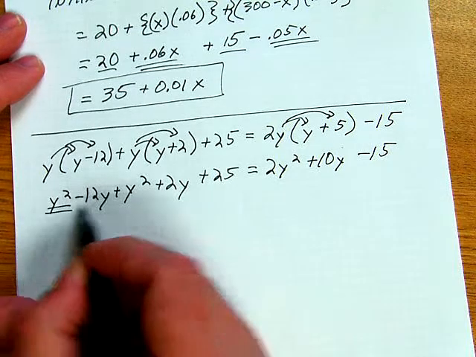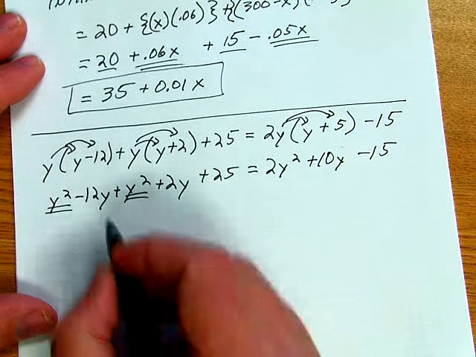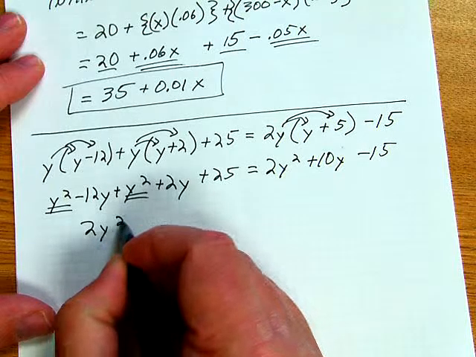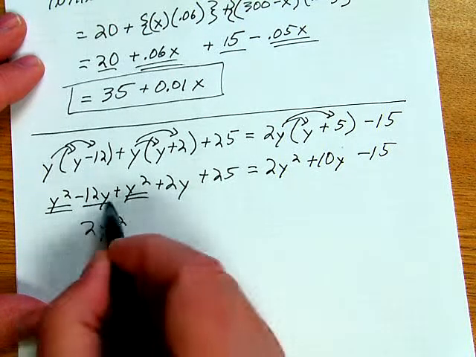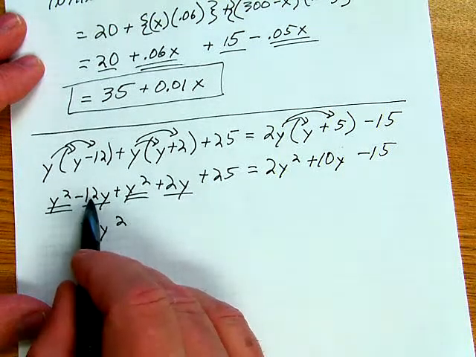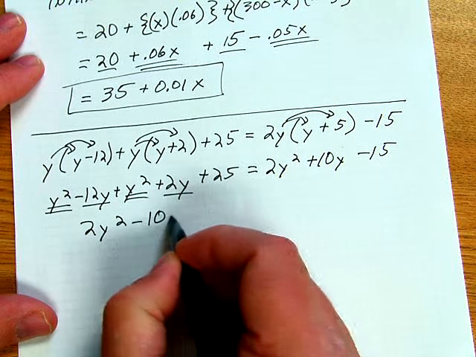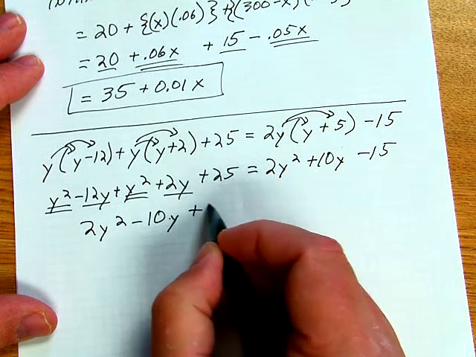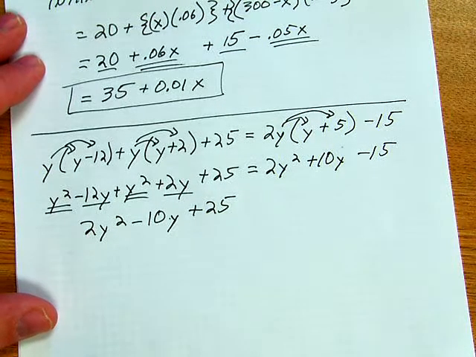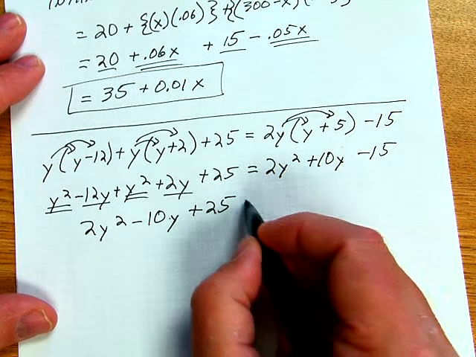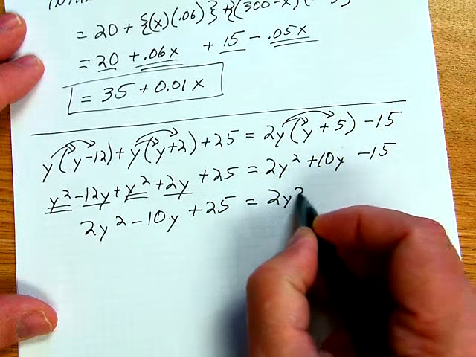I got y squared and y squared on this side, so I'm going to get 2y squared. I've got a y and a y, so minus 12 and plus 2 gives me minus 10y. And finally, I just have the 25 that I can bring down. On this side of the equation, there's nothing to combine, so I'm just going to rewrite it.